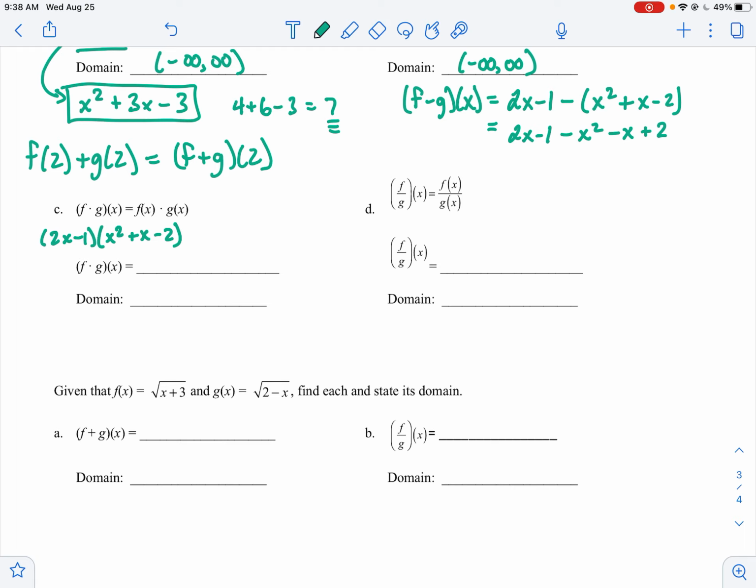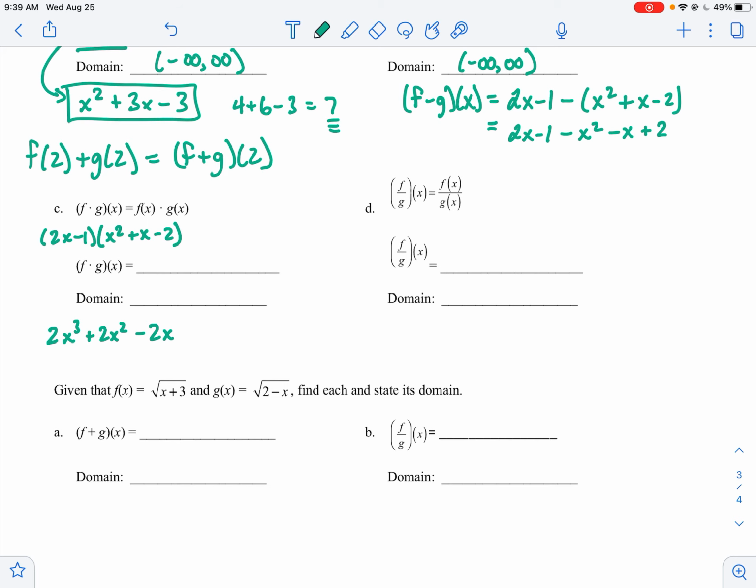So you could distribute the 2x, so we'd have 2x cubed plus 2x squared minus 2x. Then distribute the negative 1, so negative x squared minus x plus 2. So that's going to end up giving us 2x cubed plus x squared when I combine those two, and then minus 3x, and then plus 2.